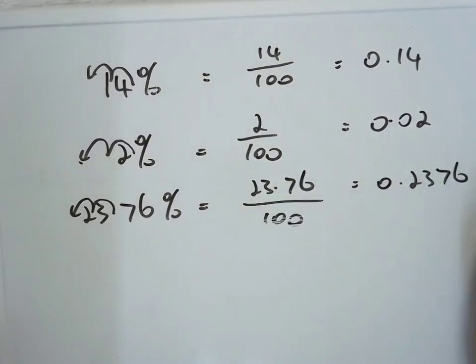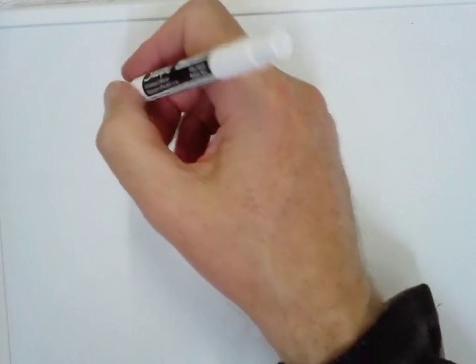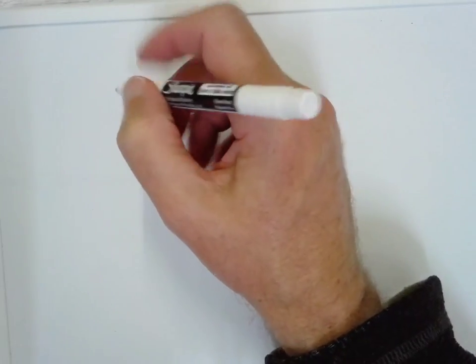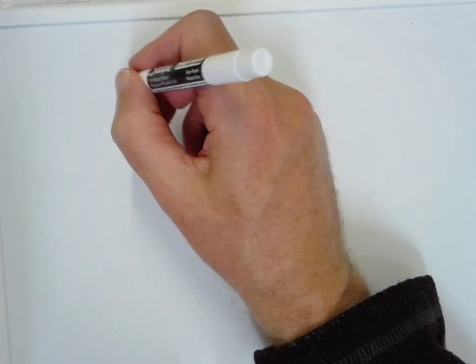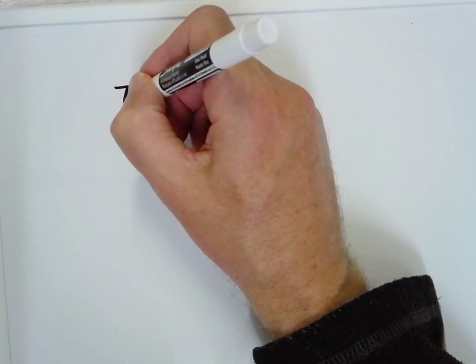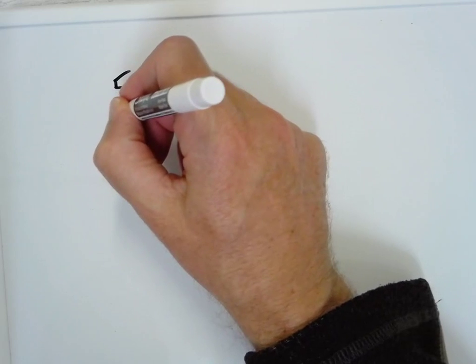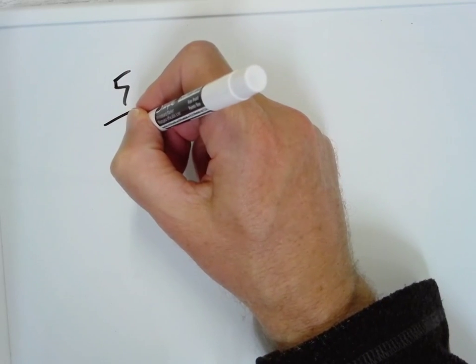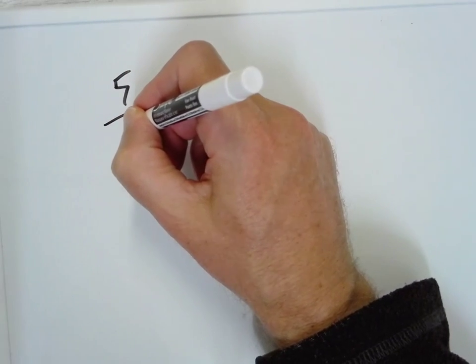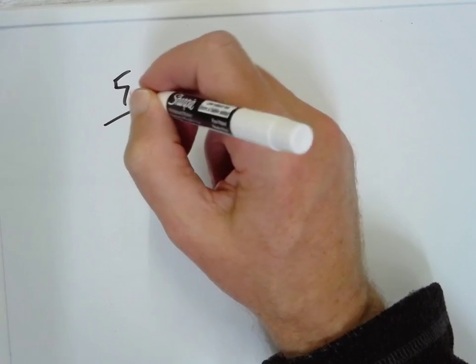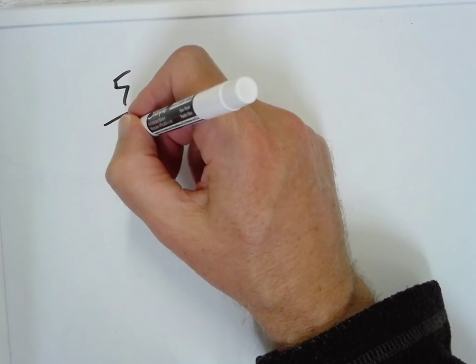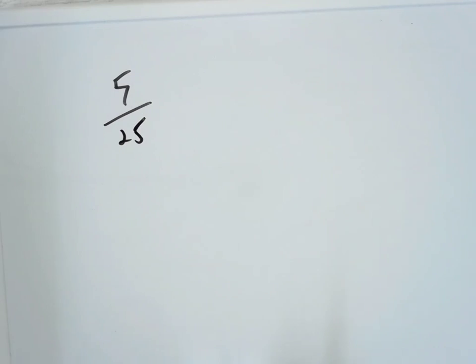Okay. Now we want to go the other way. Let's just say I do a maths test and I get 5 right out of 25 questions.